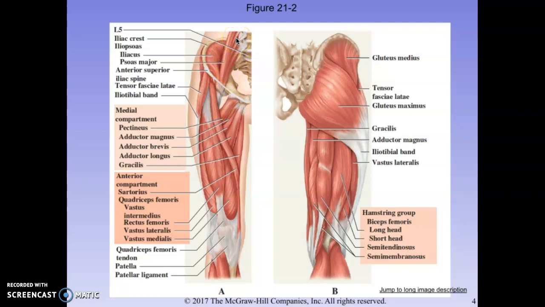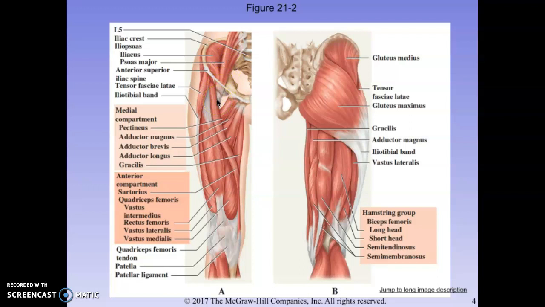And a lot of times people in those kind of sports, running like track or jumping like volleyball or basketball, they end up with a lot of low back pain in this area. And a lot of times it can be attributed to the psoas major pulling and tugging on those lumbar vertebrae. And so really what we need to do is stretch and open up the front of the hip in order to alleviate that low back pain in the back. Okay, so that's the psoas major, does hip flexion.